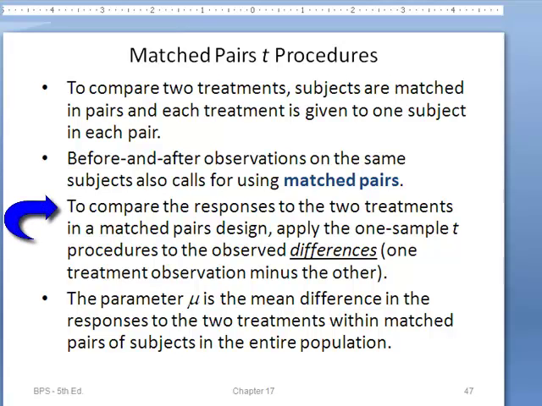To compare the responses to the two treatments in a matched pairs design, apply the one-sample t procedure to the observed differences, one treatment observation minus the other. The parameter mu is the mean difference in the responses to the two treatments within matched pairs of the subject in the entire population. That would be a matched pairs procedure.